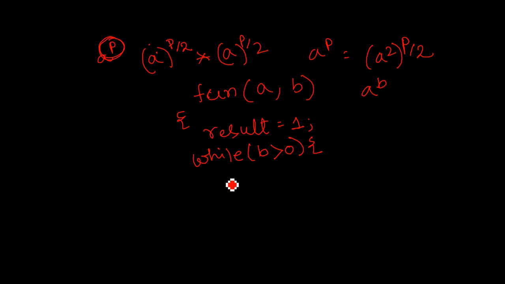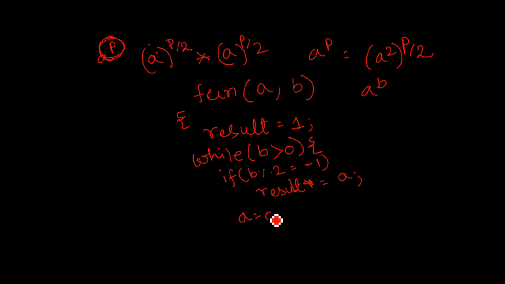Now, whenever we find that b is odd, we will simply multiply the result with a, so that the odd value is kept stored in the result.